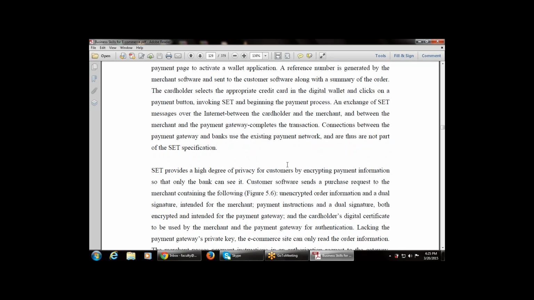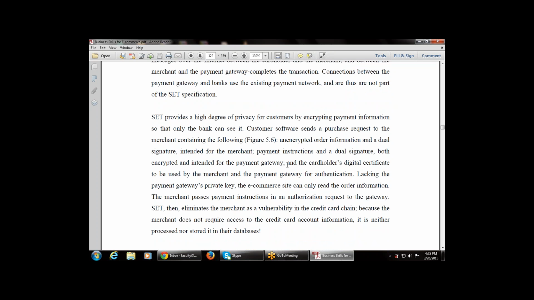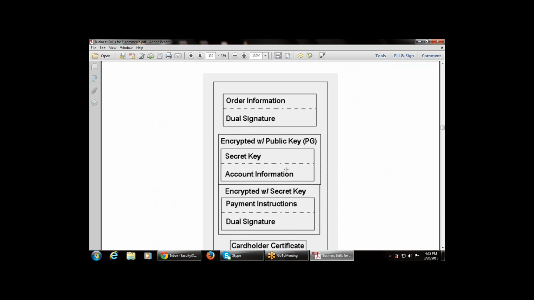Then we discussed these paragraphs, what the use of SET is, which provides the security mechanism. This is the diagram. First of all, there is the order information: what kind of order, what is the quantity, the code name, the tag name. Then there is a dual signature, then the encrypted public key.